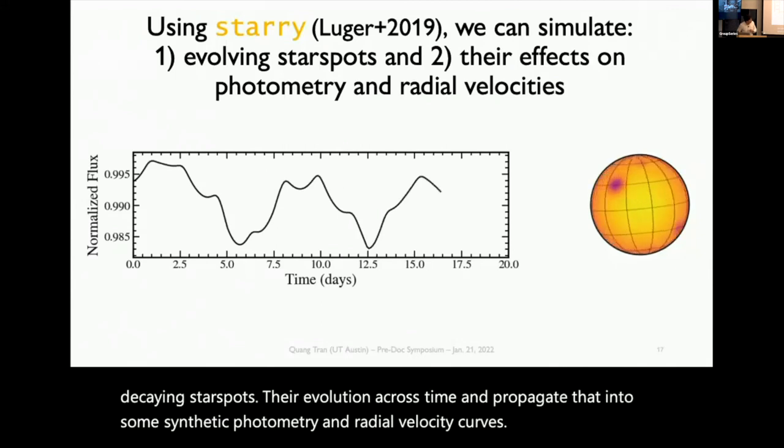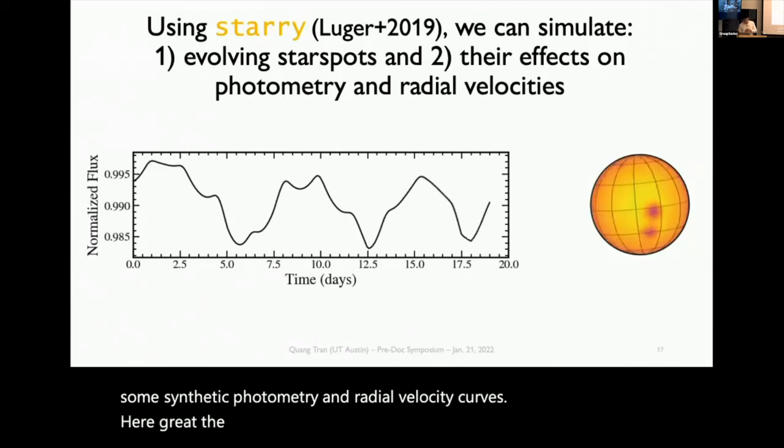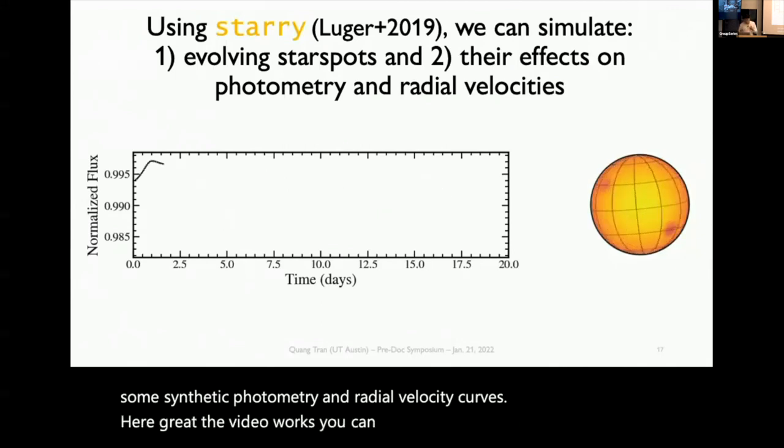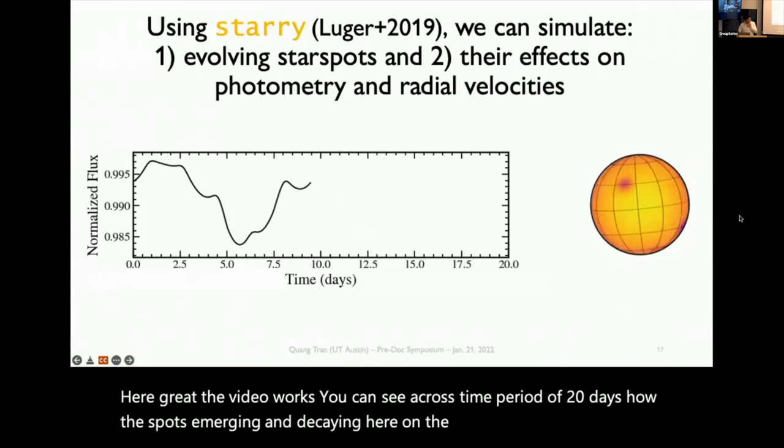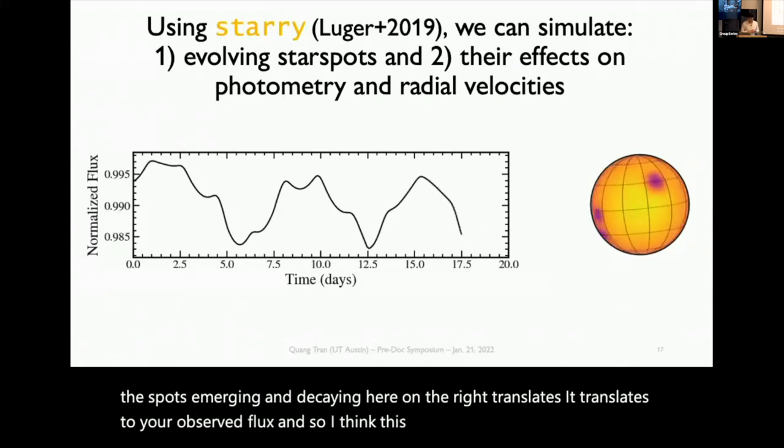Here, oh great, the video works. You can see across a time period of 20 days how the spots emerging and decaying here on the right translate to your observed flux. And so I think this mimics very well what actual data looks like.